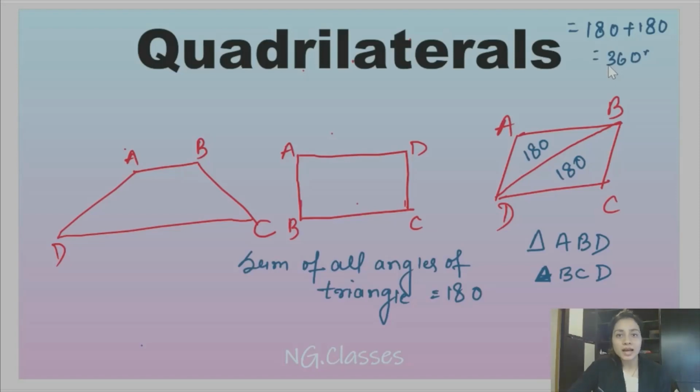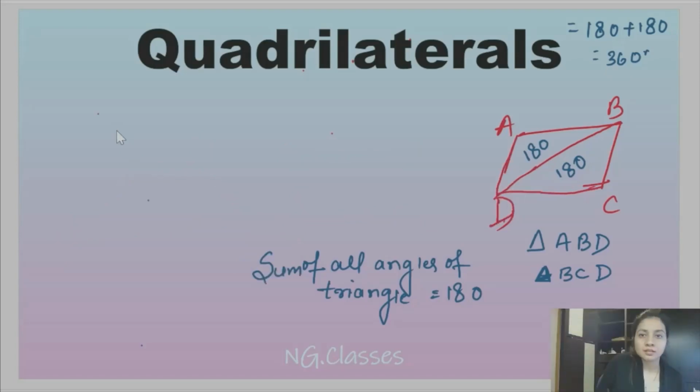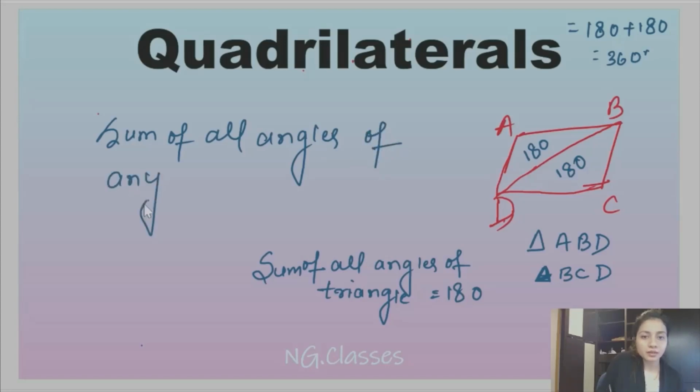We got the angle sum property for a quadrilateral. How did we get it? With the help of a triangle. So the sum of all angles of a quadrilateral, any quadrilateral, okay, will be 360 degrees.